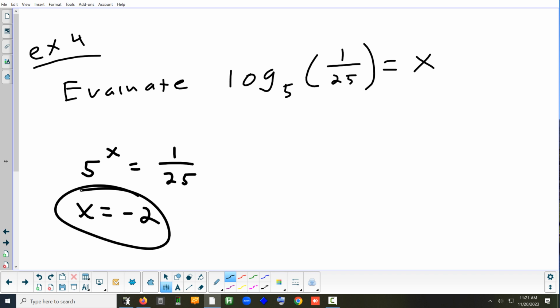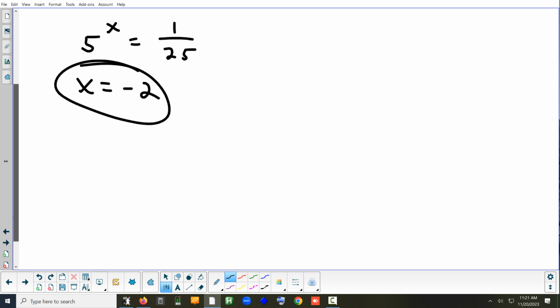So the answer there, yep, -2. Now, if that fraction was 1 over 24 instead of 1 over 25, well, now we got a little bit of a problem. So we're not going to talk about that yet. Any question on that?